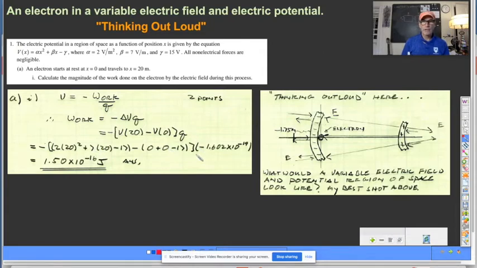A little algebra, multiply that by negative 1.602 times 10 to the negative 19, and we have a negative sign there, and that is where you get a positive 1.5 times 10 to the negative 16 joules. Okay, moving right along.